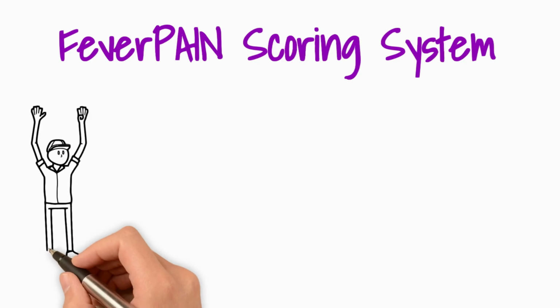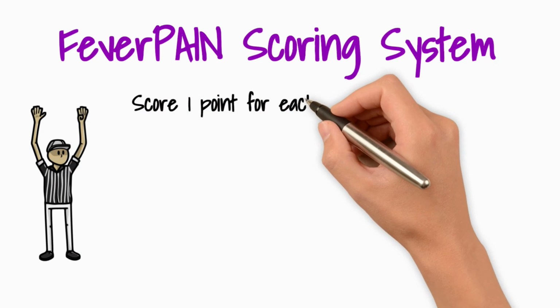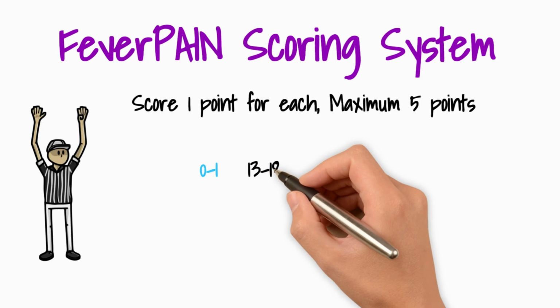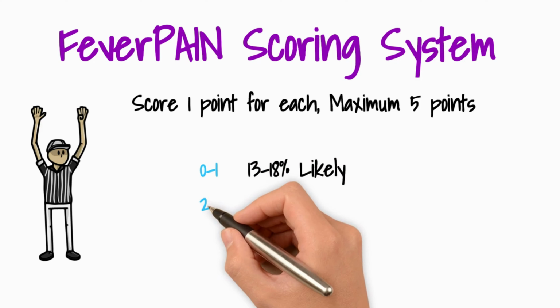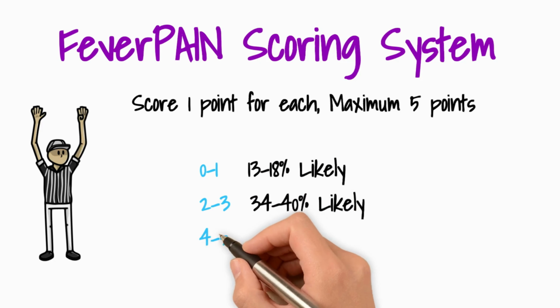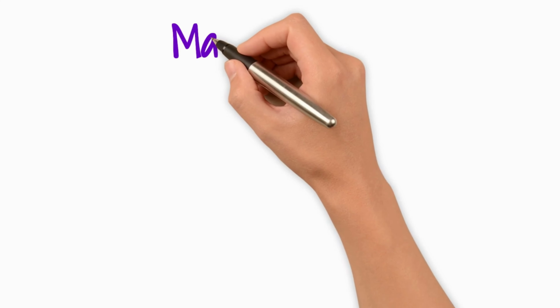So we score 1 for each up to a maximum of 5, and the scores are on the screen there. And the percentage likelihood is how likely it is that the bacteria will be isolated if we were to test. So we would issue antibiotics if the score was 4 or 5, not below. That would be self-care measures.